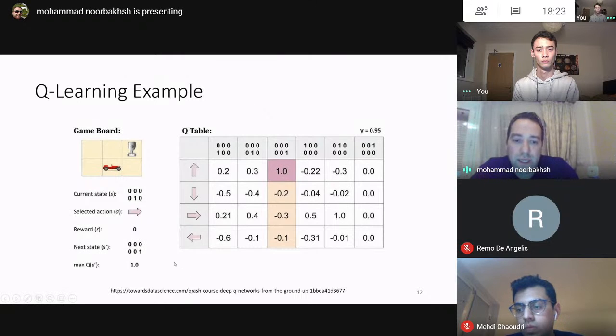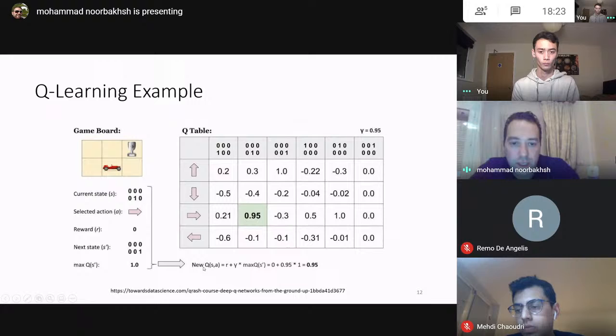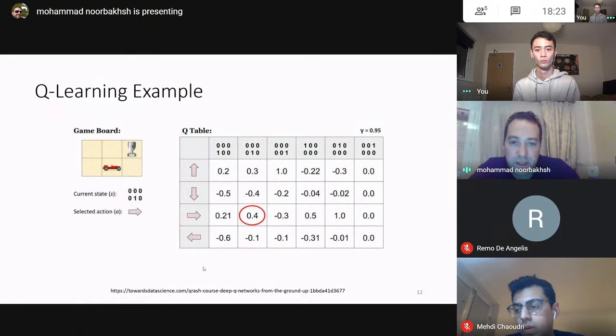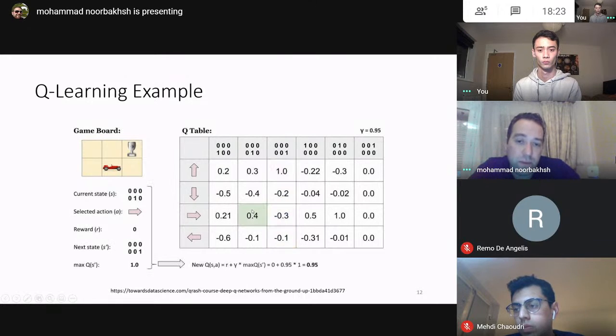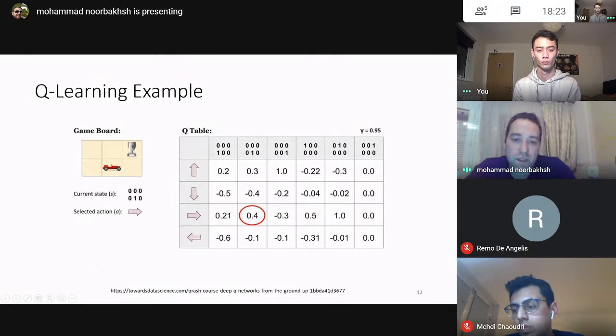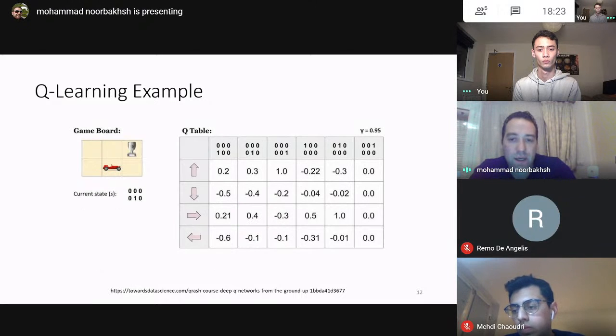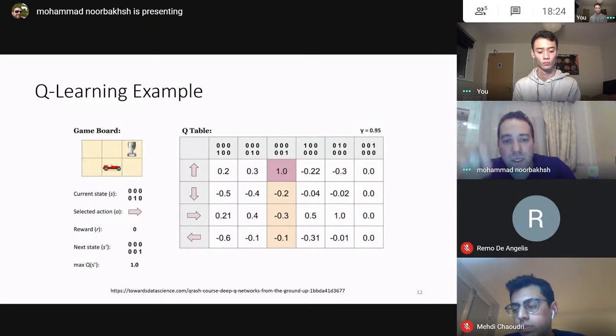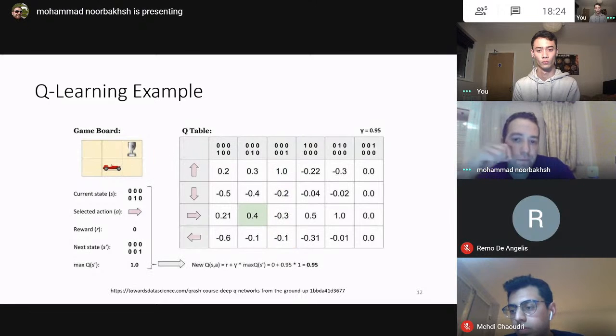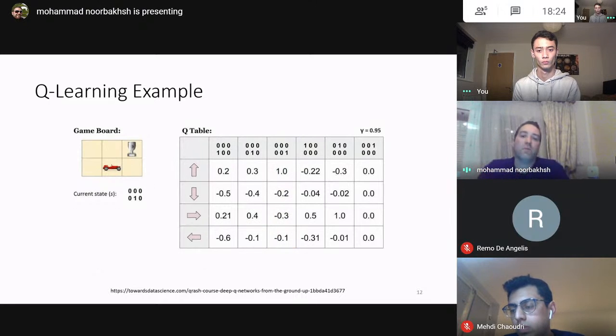Then, based on the equation we saw in the previous slides, it has to update the value of the previous state that it was in. So you can see this 0.04 becomes 0.95, because it went to the right-hand side and received a reward of 0, but the maximum Q(S, A) value was 1 in that state. So it updates the value of the previous state with that action.